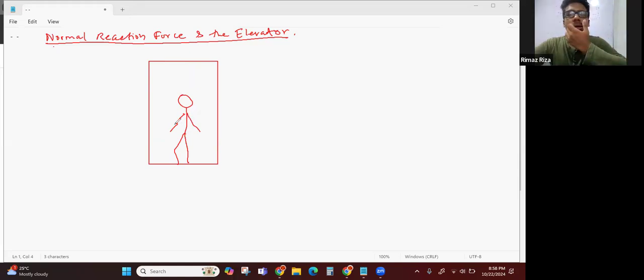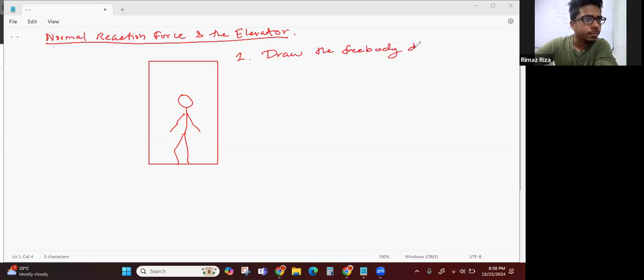Okay, so question number one: draw the free body diagram of the boy.